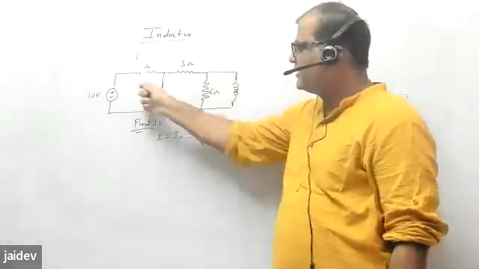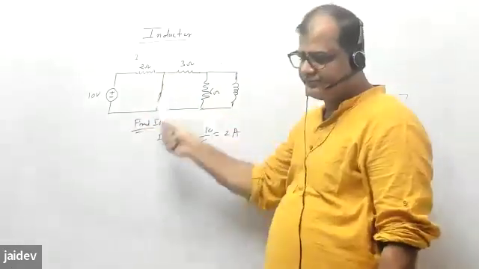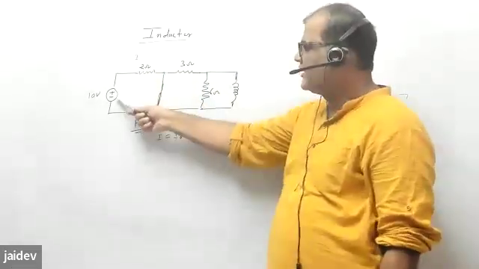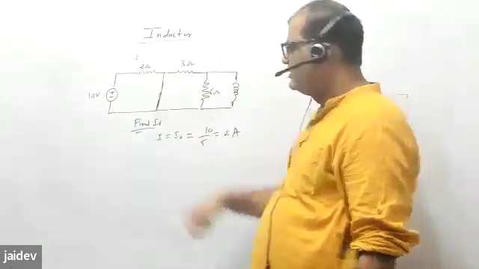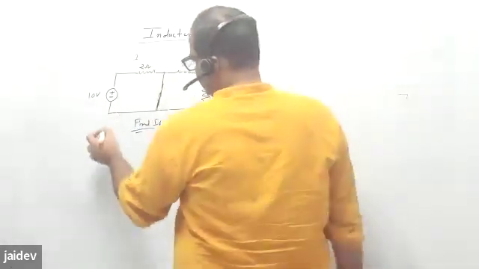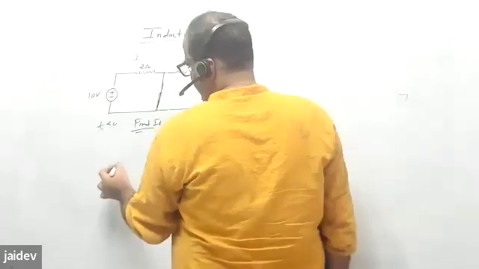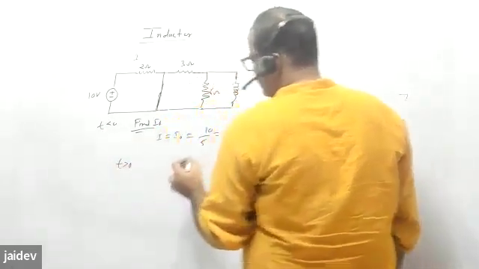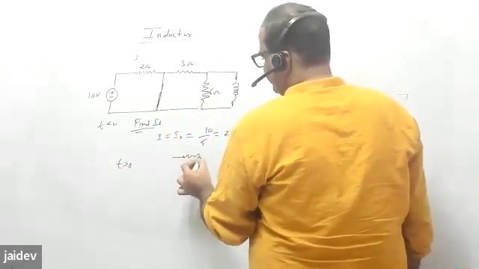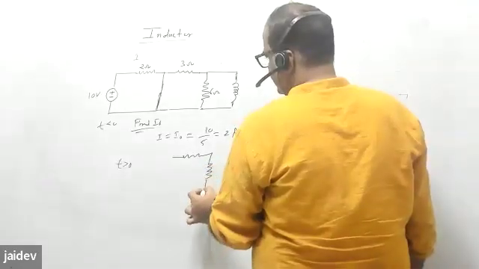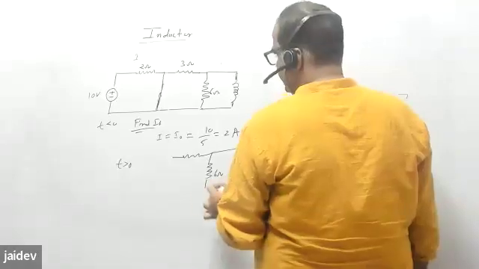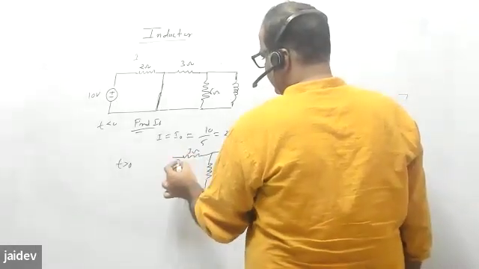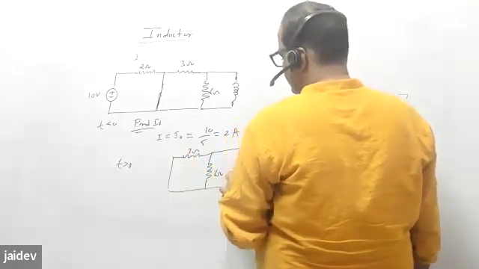So this circuit is not involved here. This is for t less than 0, and for t greater than 0, your circuit will be only 6 ohm, 3 ohm, and inductor 2 Henry.